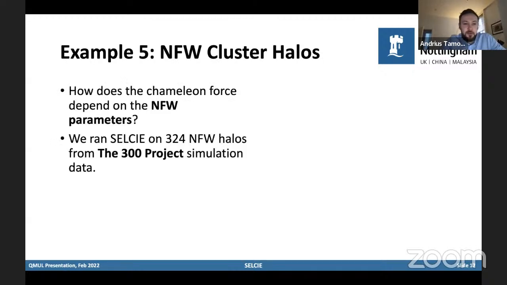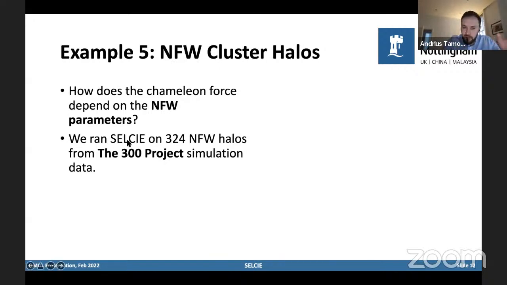We've taken data from the so-called 300 project simulations. This refers to a simulation suite that simulated, using hydrodynamical effects, 324 galaxy clusters with realistic physics, combining semi-analytical models with hydrodynamics to paint a very realistic picture on galaxy cluster scales.